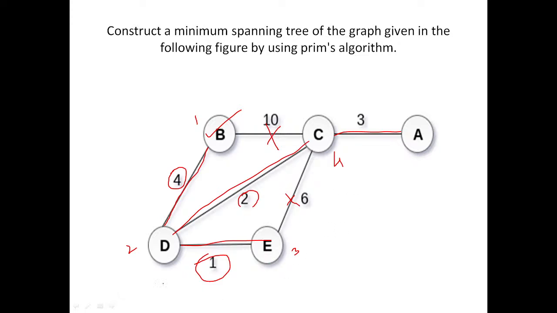That is, in this spanning tree, 4 plus 2 plus 1 plus 3. 4 is the weight of BD. 2 is the weight of DC. 1 is the weight of DE.